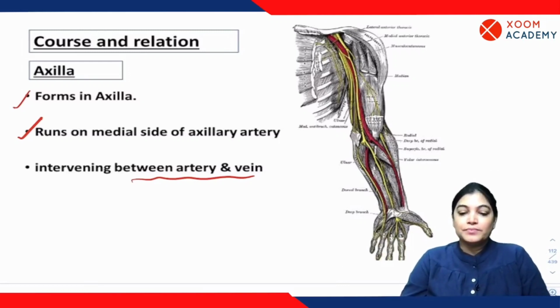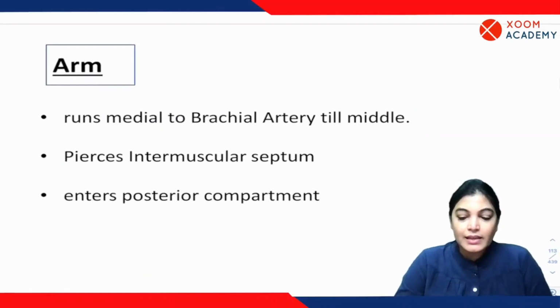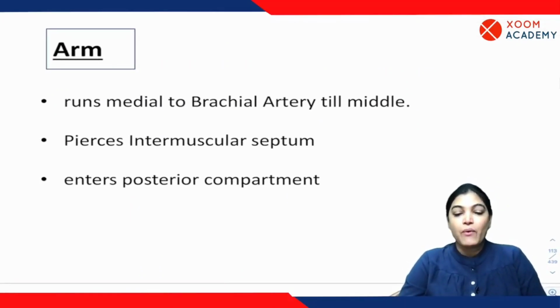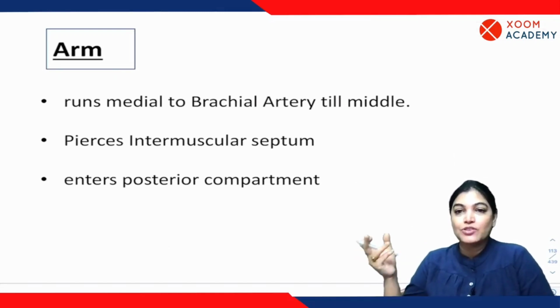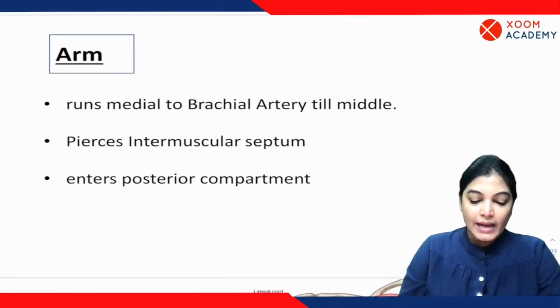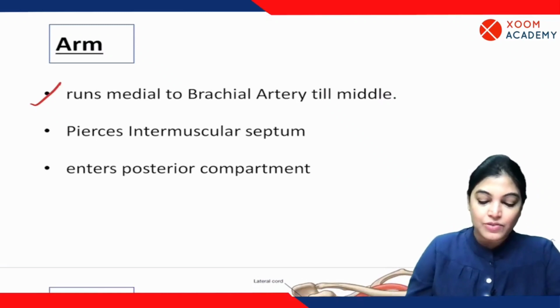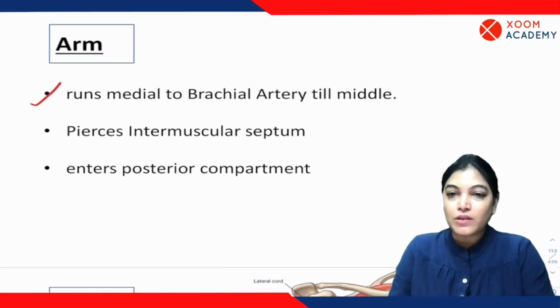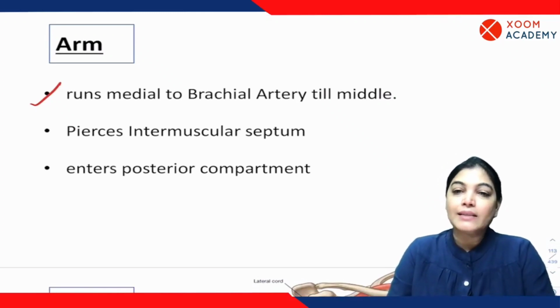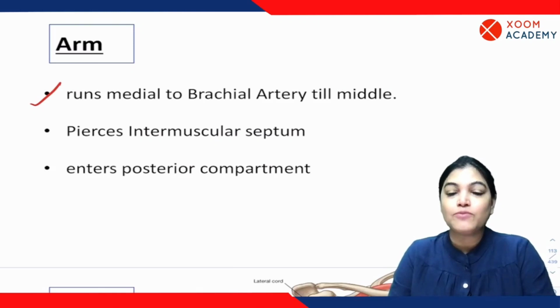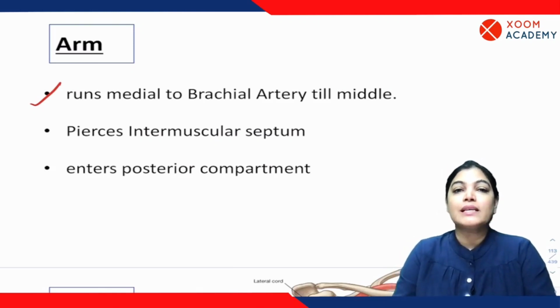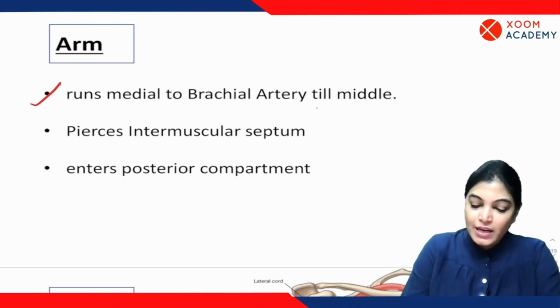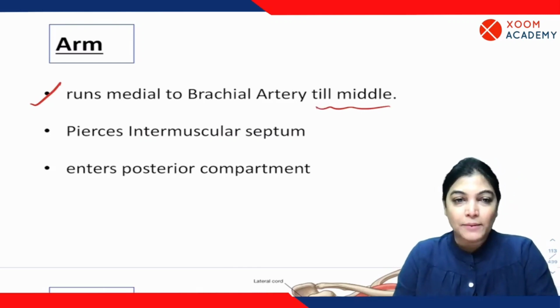Subsequently, after passing through the axillary region, the ulnar nerve reaches the arm, and in the arm it runs just medial to the brachial artery. We know that at the lower border of the teres major muscle, the axillary artery changes its name to the brachial artery. So the nerve lies medial to the brachial artery up to the middle part of the arm.